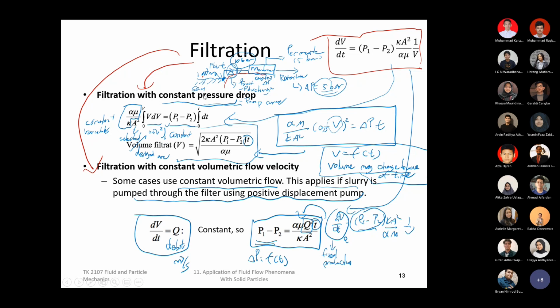Or the other variant, I would say, is probably the constant volumetric flow velocity. What if now you can play around with the changing delta P over time? What's the debit of the system, or what's the volumetric flow rate of the system? That's also possible, other variants of the system.